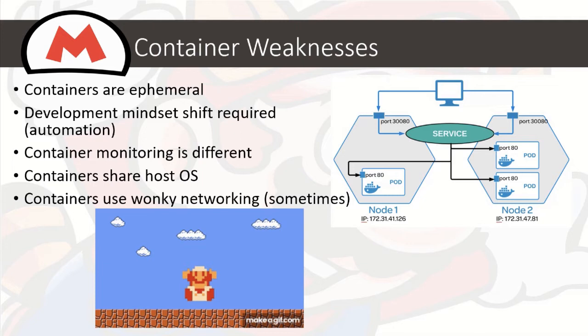It requires a shift in mindset. There's a very common analogy you'll hear if you start reading about containers: the difference between cattle and pets. Mostly, we are used to development processes where our servers are our pets.